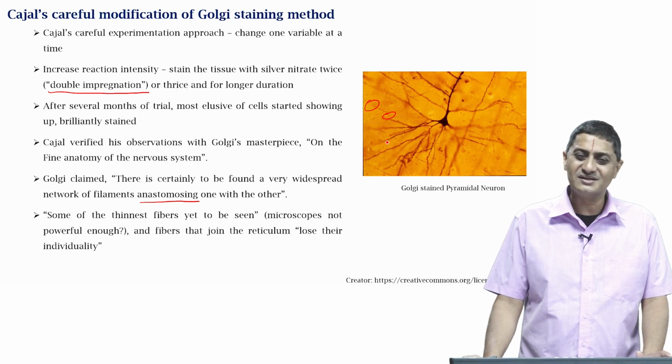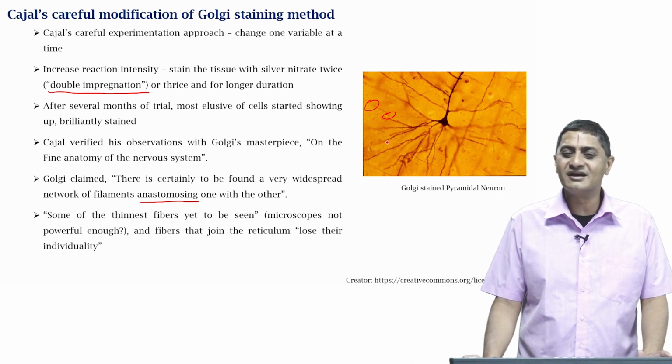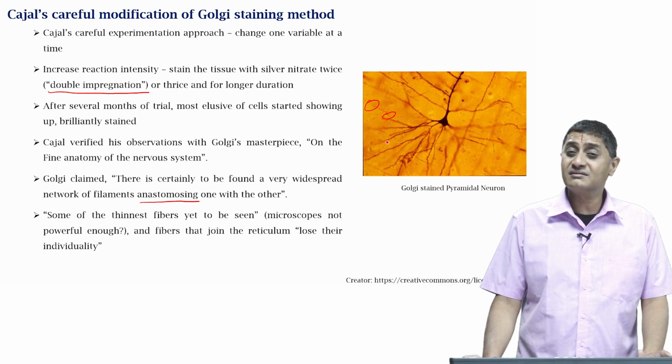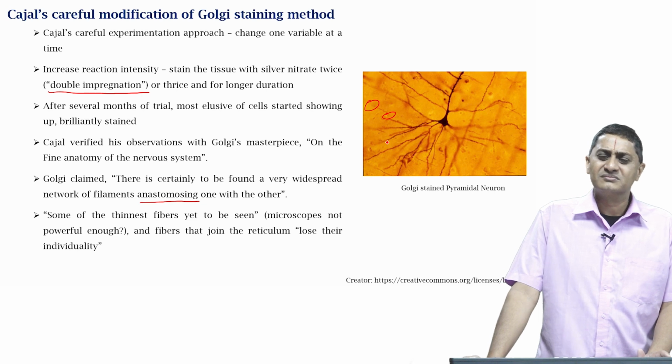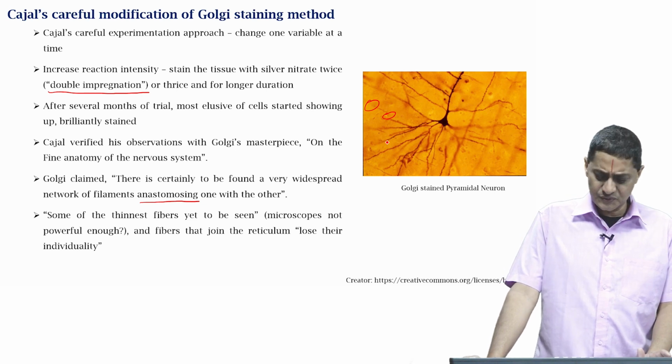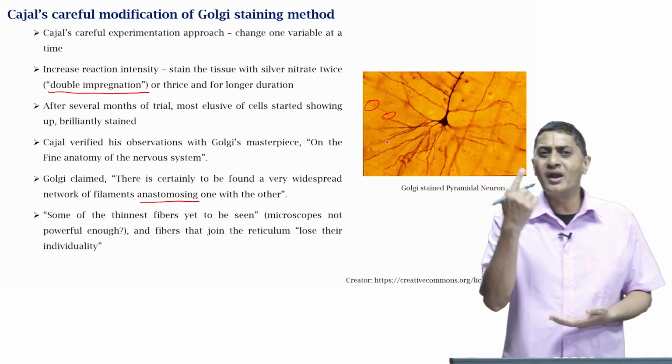Cajal was not at all happy with this, because for one, he was not convinced that if you have non-individual neurons, then the entire system is one, but how is it that we are learning? Recall that he was this keen observer, but he was also quite philosophical and sort of polemical in his thinking. He was this rebel in his thinking. So, he asked the question, if indeed all the neurons have no individuality, that means that the entire nervous system has one identity.